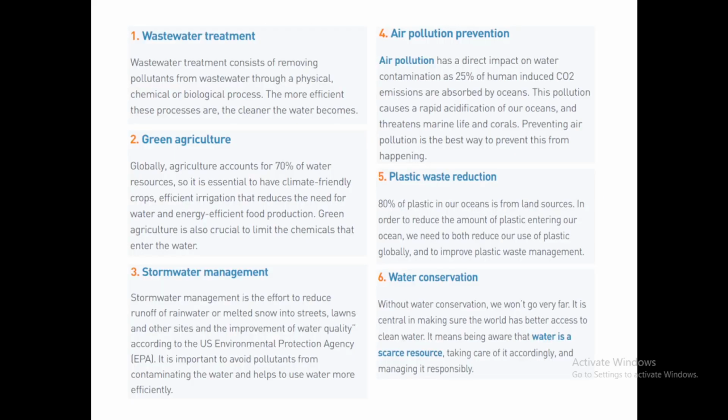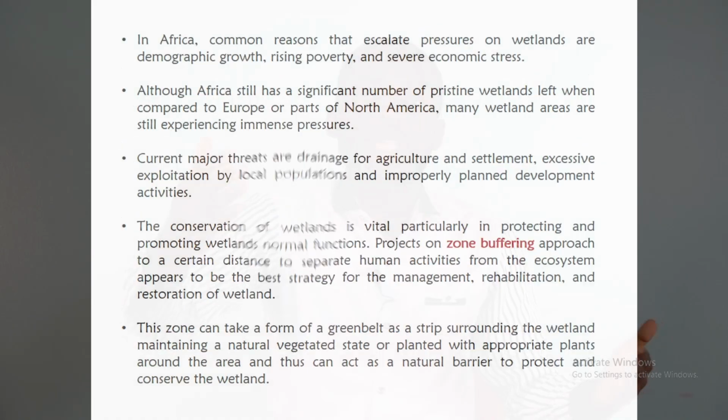We also use the land to build the roads and bridges. We use the land for the purpose of parks and recreational centers, or even mining activities. All of those are considered as non-agricultural land use.